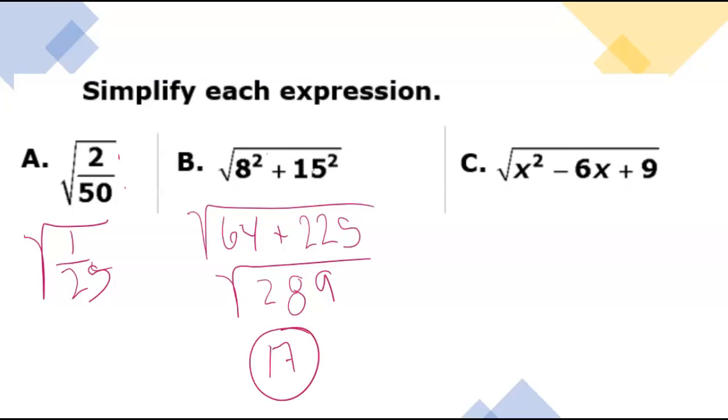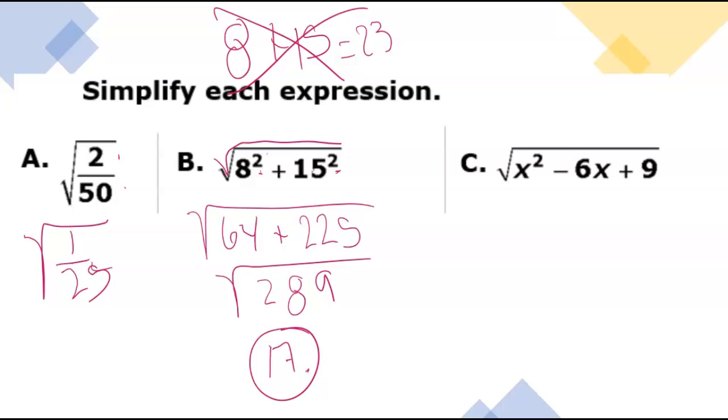Now, when I first looked at this, I thought, oh, here's a square, there's a square root. Square roots undo squares. Why don't we just call it a day? Just say this is 8 plus 15. But 8 plus 15 is not 17. 8 plus 15 is 23. That doesn't work. Do the operation that's the radicand first.